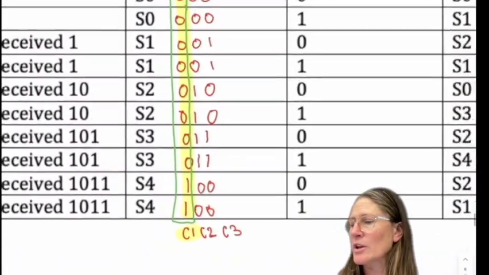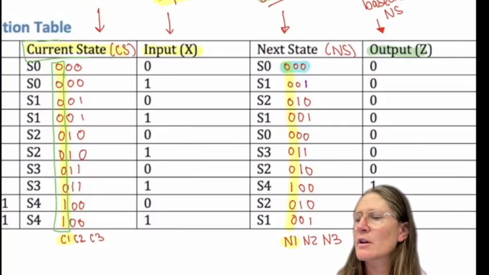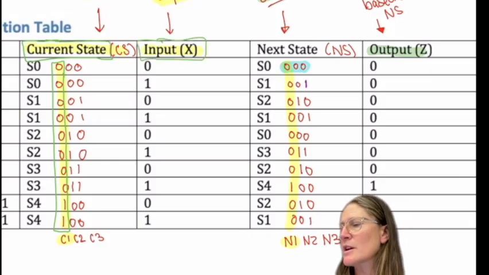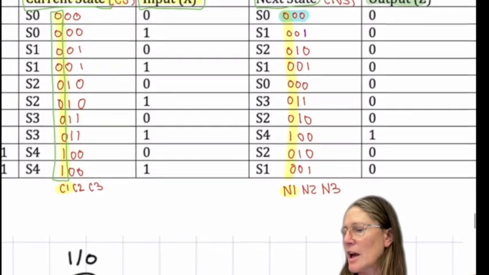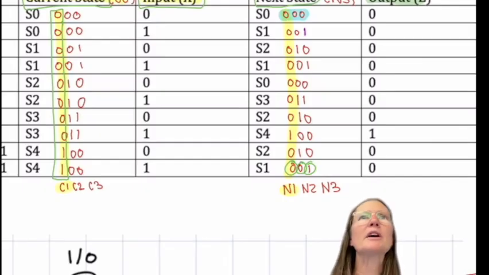And so now I need to know, this is my inputs, and this is my input, and then the next state is my actual output. And out of each one of these is, again, 3 single bits.